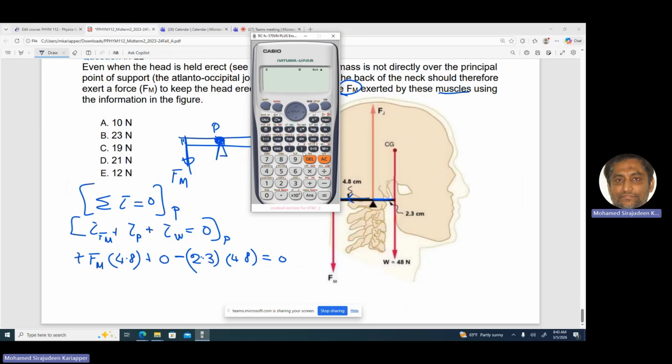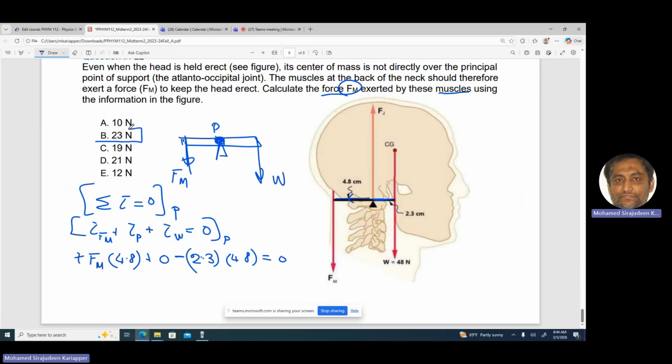Fm, I'll call it X, we don't know what it is, multiplied by 4.8, minus 2.3 multiplied by 48 equals 0. You don't do algebra; you just tell the calculator to do the algebra. Shift calc. This is not the answer; this is what you got from the previous operation. This is the answer, 23. Good. Right, we are done.